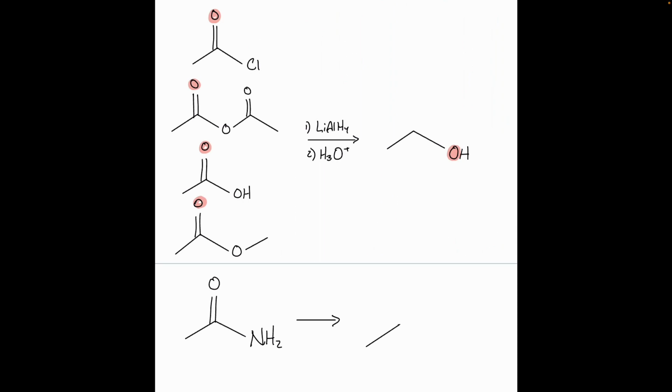And so instead, these will reduce to primary amines using that same lithium aluminum hydride. All right, you're not going to be able to knock that nitrogen off of that formerly carbonyl carbon when you form that tetrahedral intermediate, because nitrogen is a very bad leaving group.